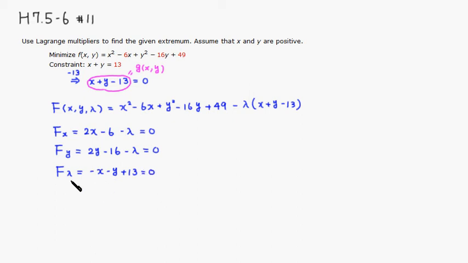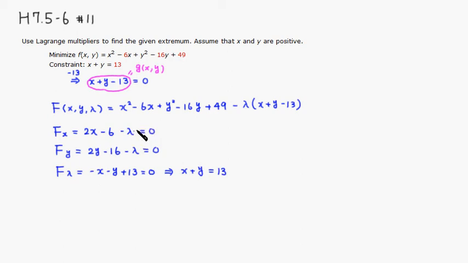Notice that the partial of F with respect to lambda set equal to 0 is always exactly the same as the given constraint. So this is the same as x plus y equals 13. But we need to solve for x and y.